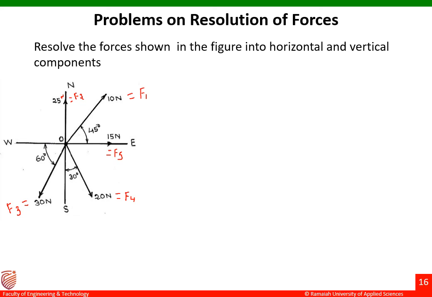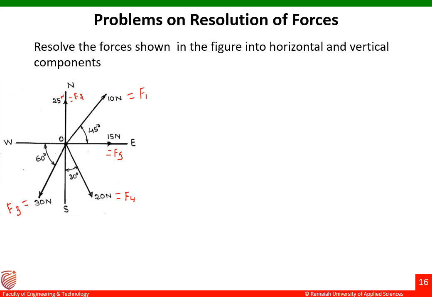Now we can observe there are totally 5 forces in the given problem. Now let us find out the angles made by these individual 5 forces. We'll go to the first force, that is F1. F1 is making an angle of 45 degrees with respect to the horizontal axis.